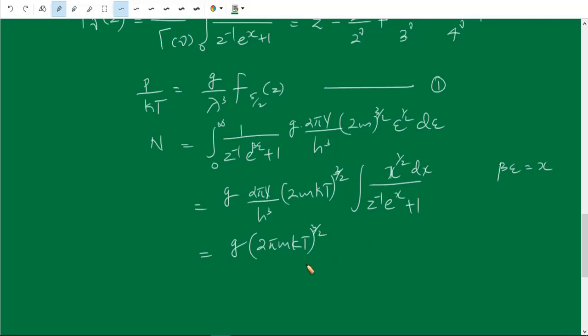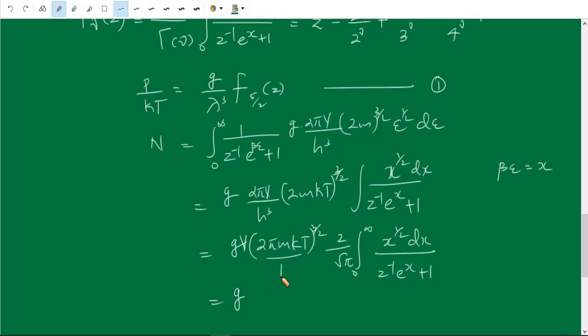So here I have multiplied by root pi, so I have to divide by root pi here, and this 2 comes here. Okay, so (g v 2 pi m kt)^(3/2) divided by root pi, integral x raised to half dx divided by z^(-1) e^x plus 1.